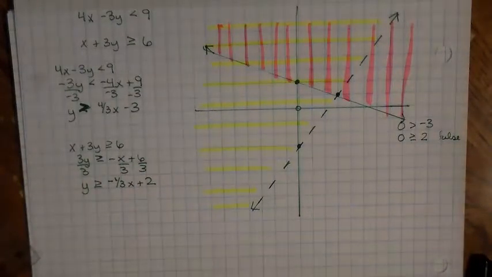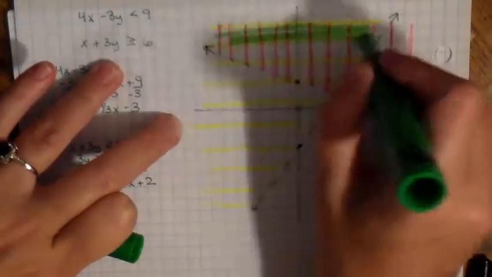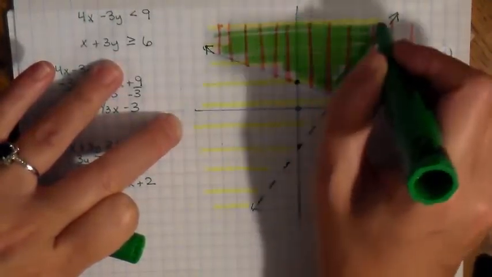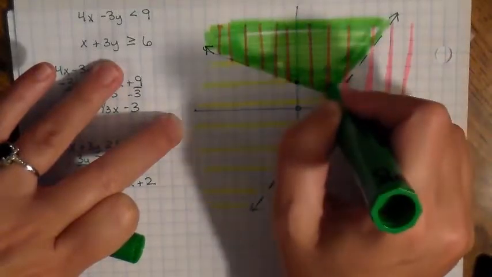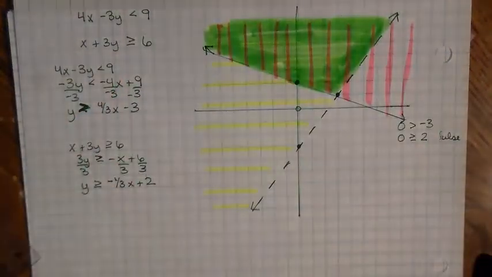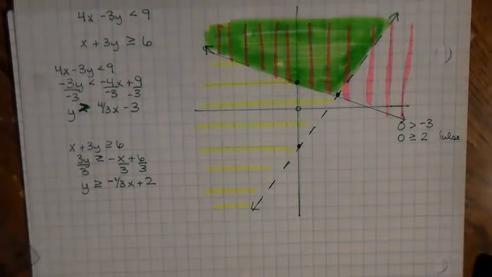So that is the area that you will want to color in completely or shade completely. So I'm going to come in and shade this region because this is my solution region. And that is how you solve and graph systems of inequalities.